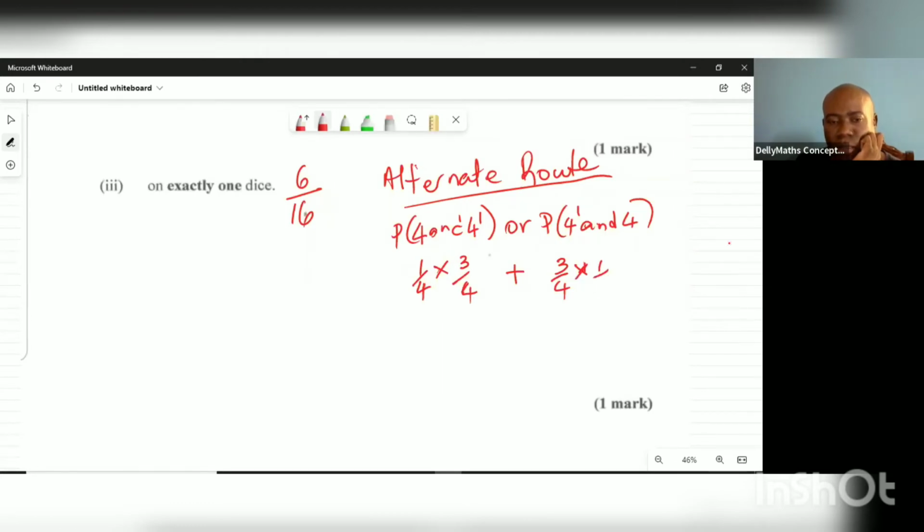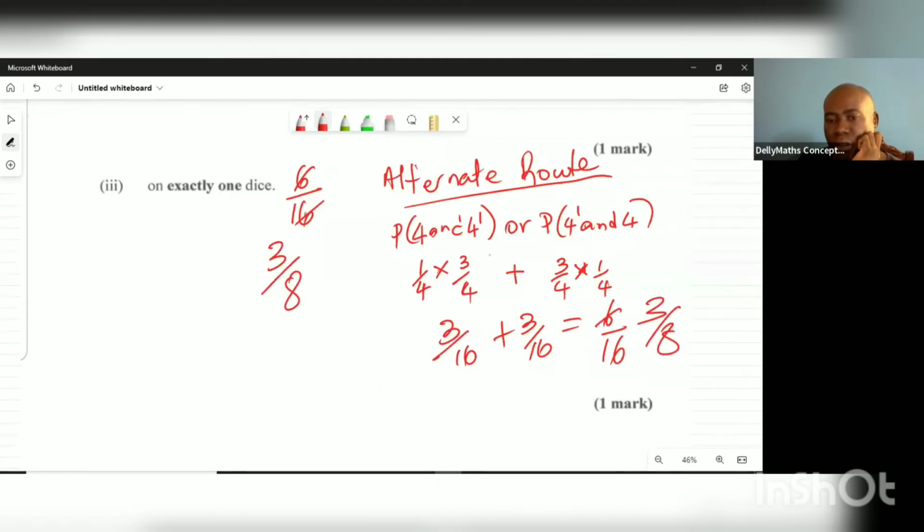So now we're looking at 3 over 16 plus 3 over 16, and we get 6 over 16, just the same. We could cancel it and get 3 over 8. We would have done 3 over 8 there, right? So you realize that we're still getting the same answers as long as you're taking it in the right context.